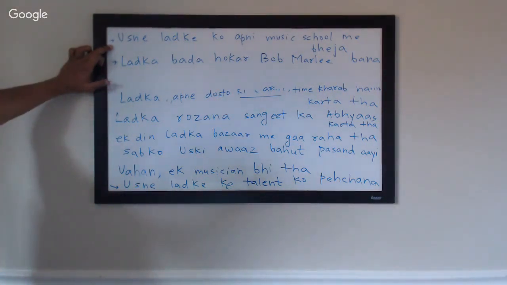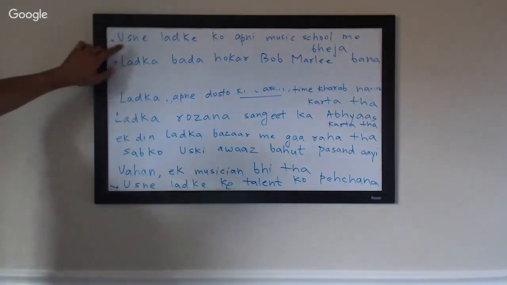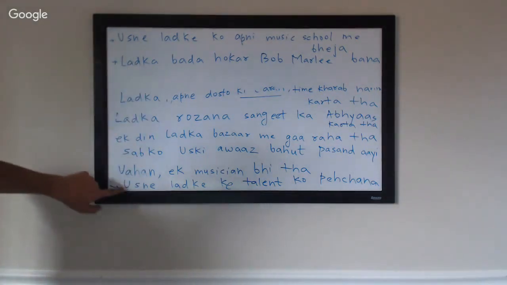Even if part of the sentence doesn't make sense, forget about it. Tell me the entire sentence; at least you should be able to make sense of the entire sentence. The boy went to the music school. उसने. The boy went to his.